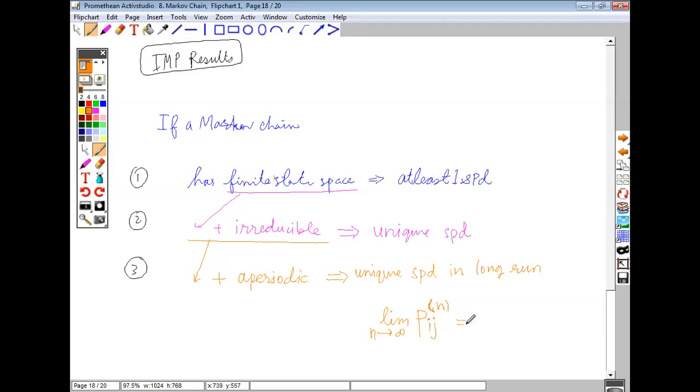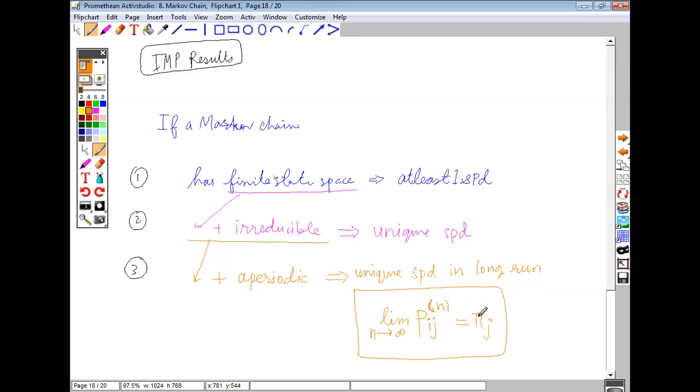So this is always going to be equal to pi j, and this is true always, if at all a pi j exists. This is only about ending up at state j. That is why you have pi j here. And remember, I haven't written i anywhere here, right? So the answer to this limit is independent of where you start from, because the randomness washes away. There is no memory of where you start from in the case of the stationary probability distribution.